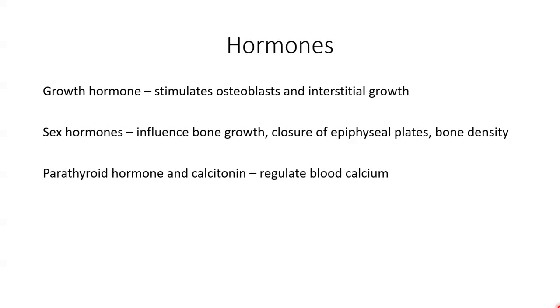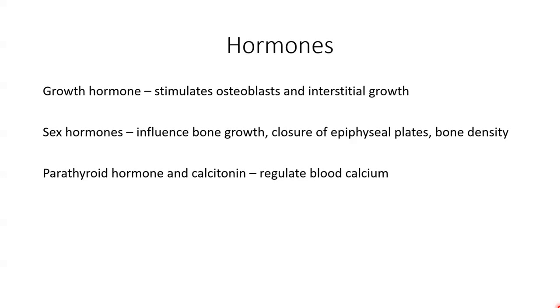During childhood, the hormone most important to bone growth and remodeling is the growth hormone. Growth hormone stimulates osteoblasts and it promotes cell division at the epiphyseal plate so bones can get longer. At puberty, the secretion of hormones known as sex hormones causes a dramatic effect on bone growth.